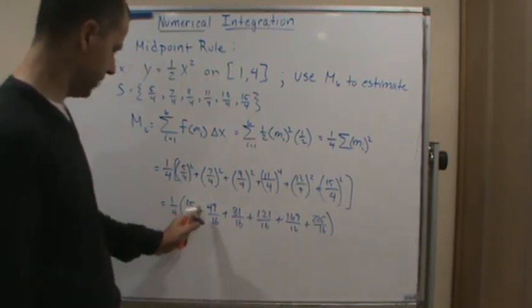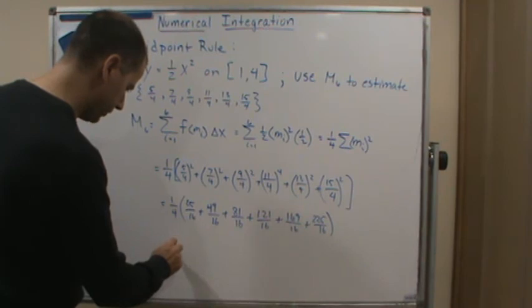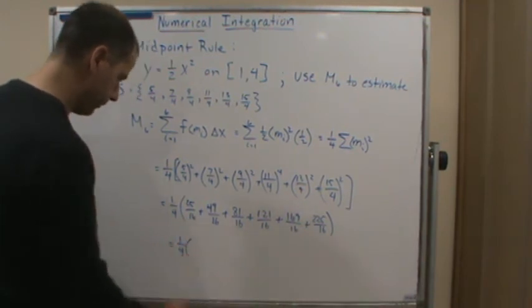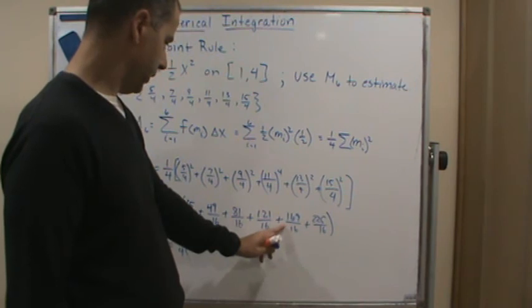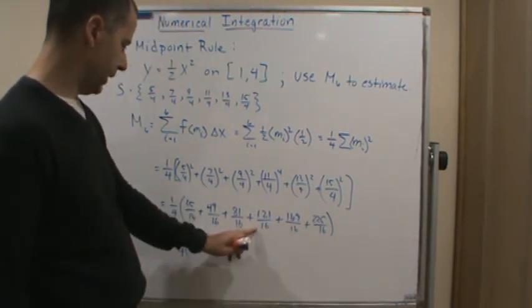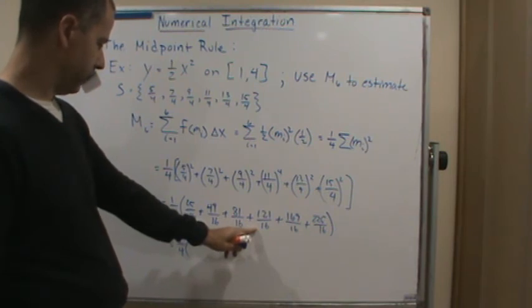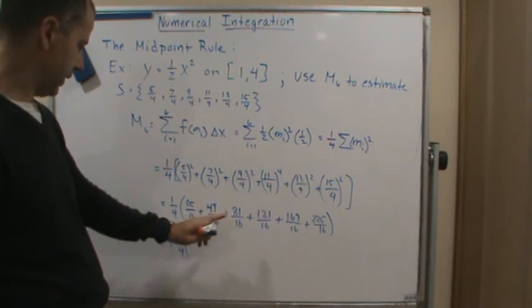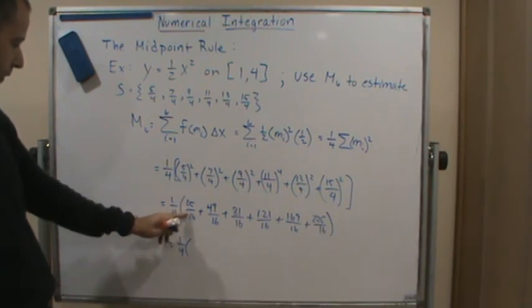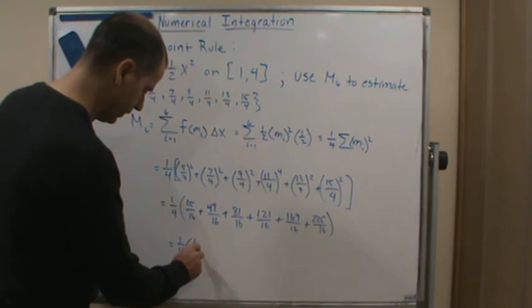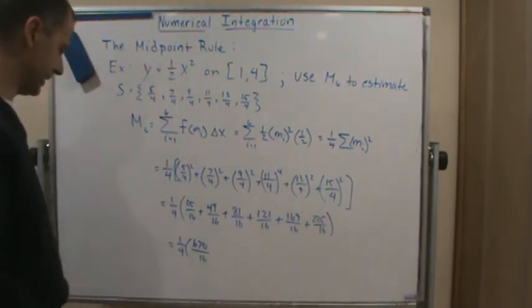Okay, and now all we have to do is add up all of the numerators, and we get 670 over 16.